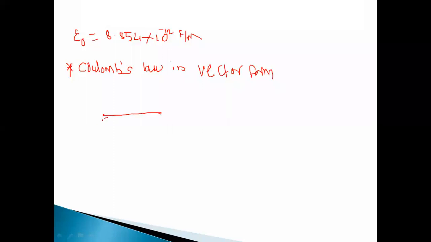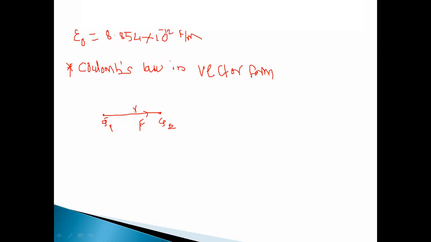Consider two charges Q1 and Q2, then the distance between the two charges is R. Now, I consider that the force is acting on charge Q2, and that force is due to charge Q1.